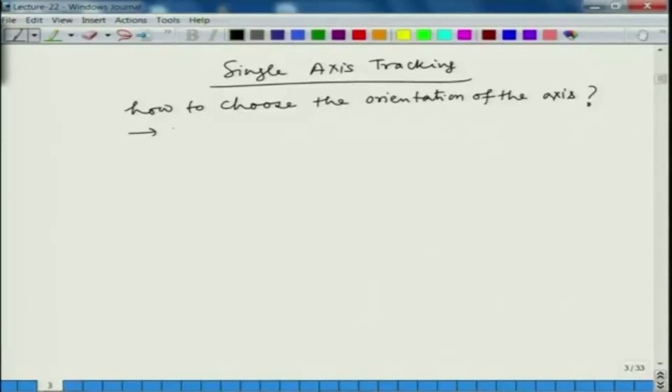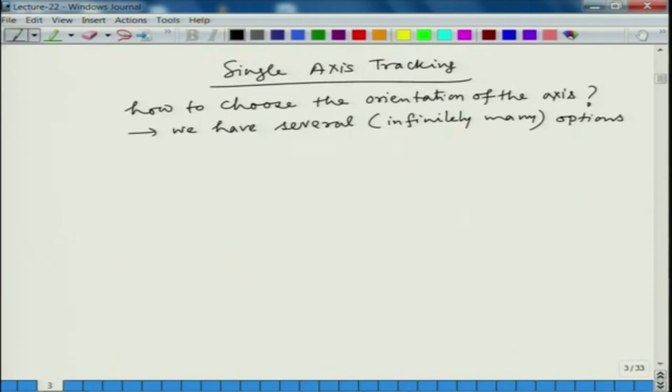So, we have several choices, actually infinitely many mathematically. You can choose any axis you want, and people have seen that there are 4 major options which give us the optimal performance under different conditions.